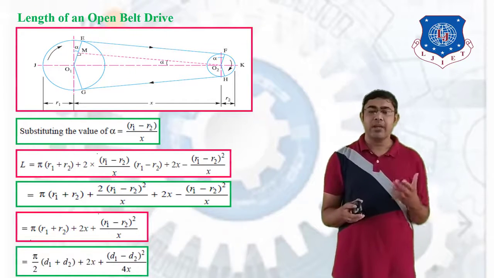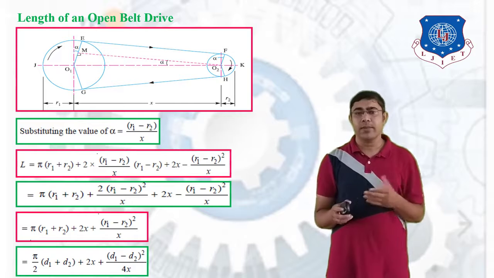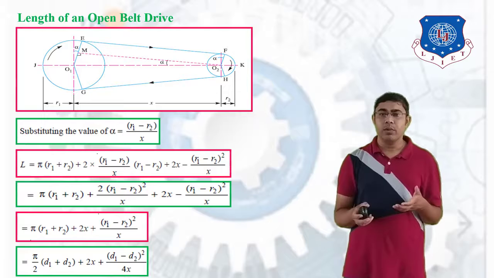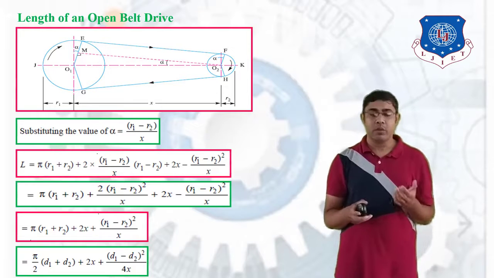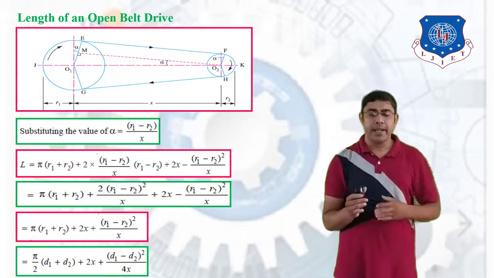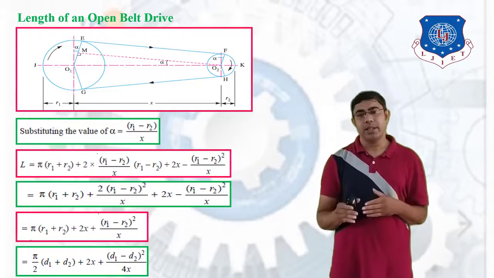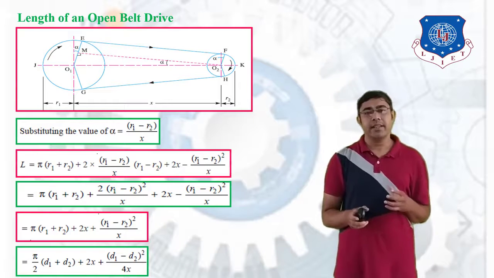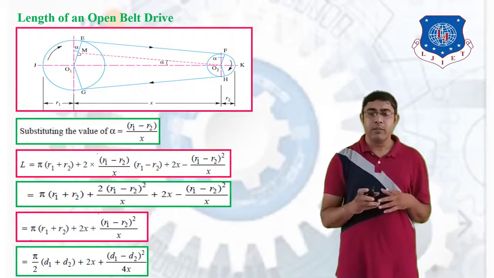You can also write the length of belt in terms of diameter of pulleys: L is equal to pi by 2 into (d1 plus d2) plus 2x plus (d1 minus d2) raised to whole square divided by 4x. So this is the final equation of length of belt for the open drive.